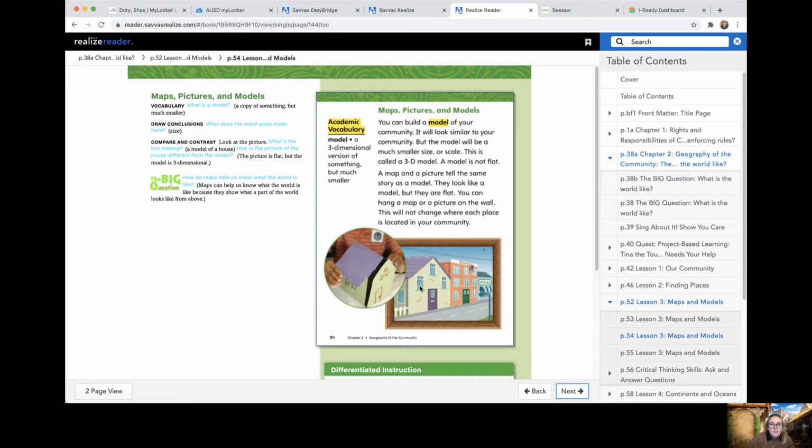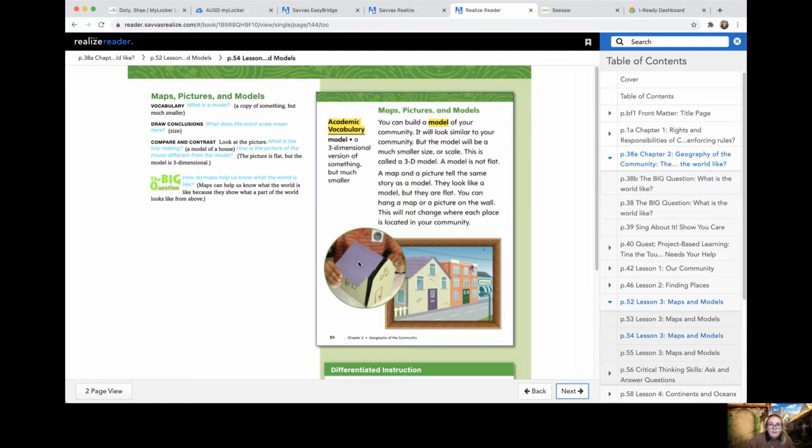If we look at this picture right here, this is a picture of this boy's community, and he made a 3D model of his community, and see how it looks very similar? So a model is not flat. It is 3D, like when we build a gingerbread house.